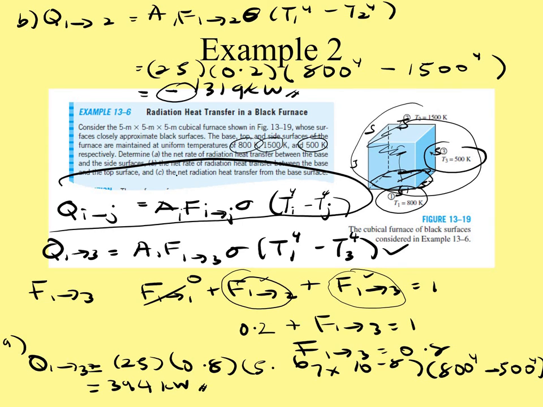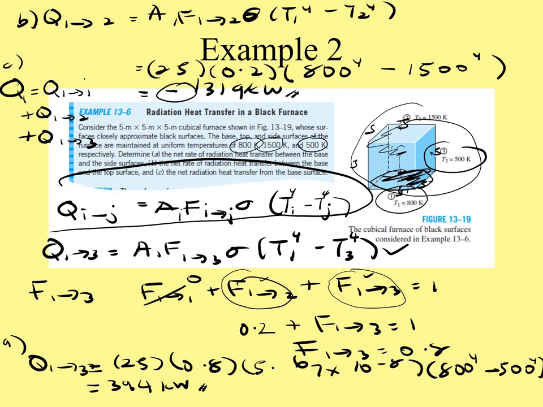Okay, the last question is the net radiation heat transfer from the base surface, which is Q1. So how do we calculate Q1? Basically Q1 equals Q1 to 1 plus Q1 to 2 plus Q1 to 3.